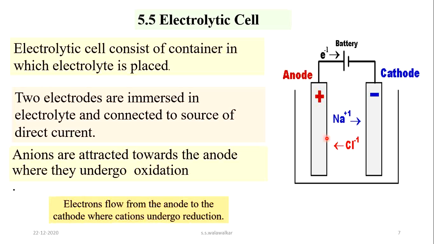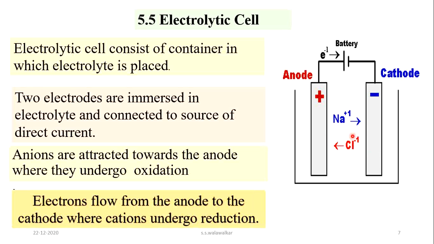At the cathode the positively charged ions, that is cations, gain the electrons, that means reduction takes place at the cathode. So electrons flow from the anode to the cathode where cations undergo reduction.